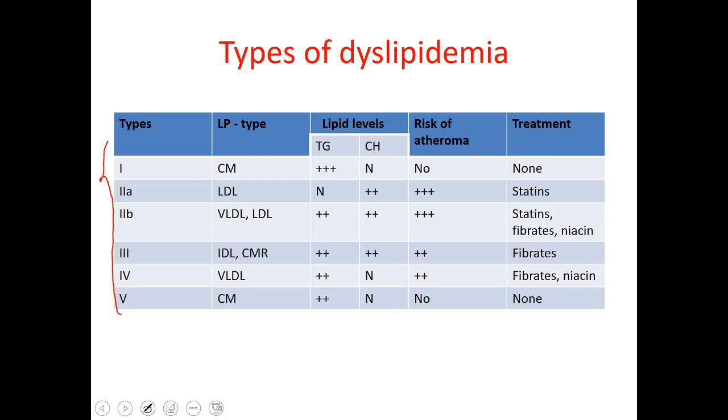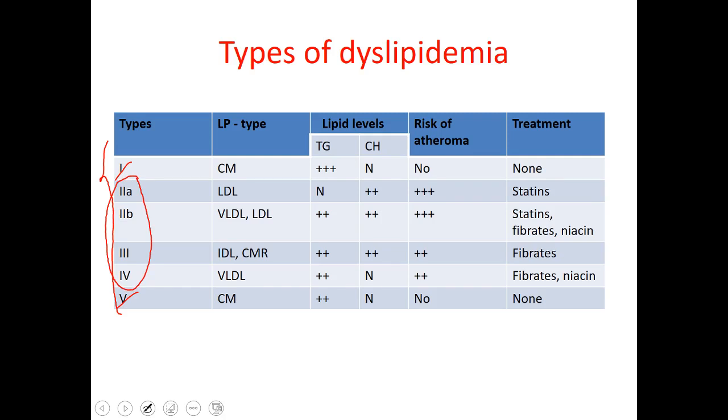Just briefly, the 1 and the 5, they are very rare, often associated with altered chylomicrons, and treatment may not be needed. So, the ones that are of clinical importance are 2, 3 and 4 types.